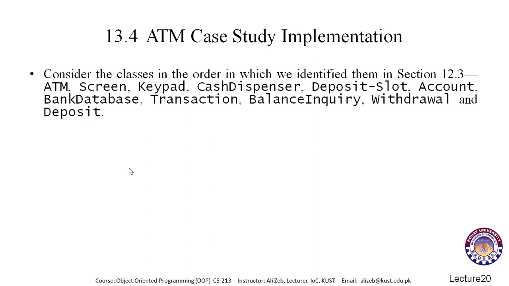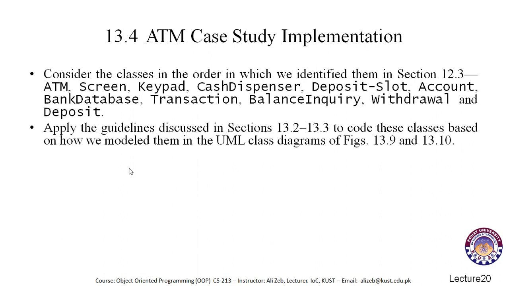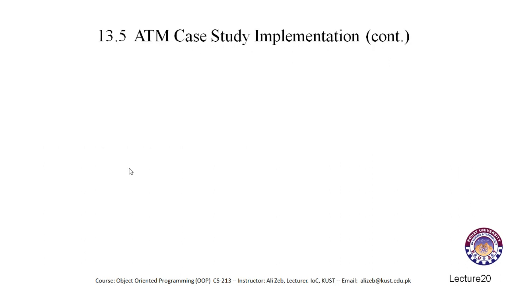Consider the classes in the order in which we identified them in section 12.3 in part 1 of this lecture. These were the classes that we identified. Apply the guidelines discussed in our previous section to code these classes based on how we modeled the UML class diagrams of figures 13.9 and 13.10.